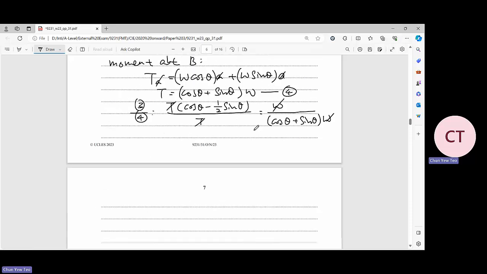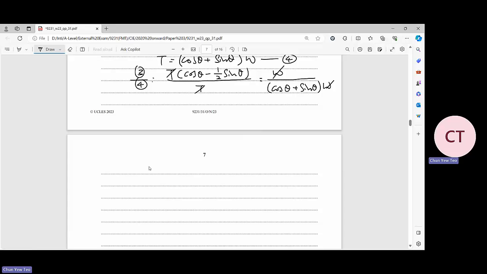From here, we will end with this relationship: cos theta plus sin theta, multiplied by cos theta minus a half sin theta, is equal to 1.